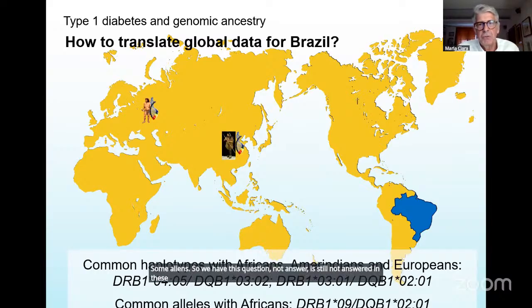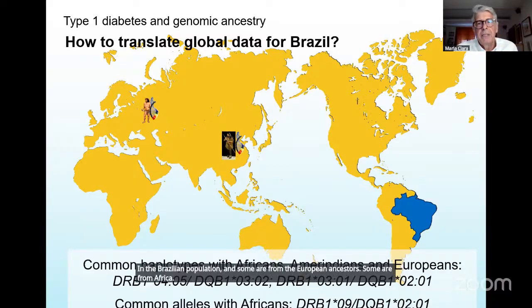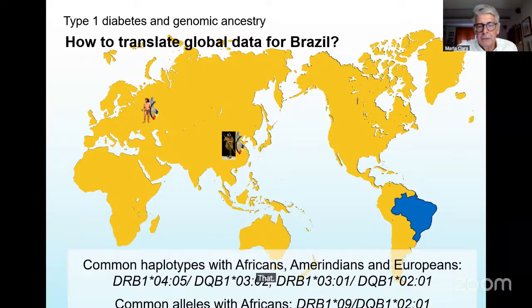So we continue to do further analysis. Professor Gomes is still helping us with these common haplotypes in African, Amerindian, and European ancestries in the Brazilian population. Some are from European ancestry, some are from African ancestry, and they are present in the type 1 diabetes population in Brazil.